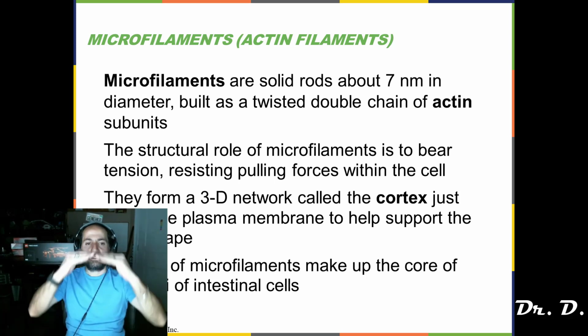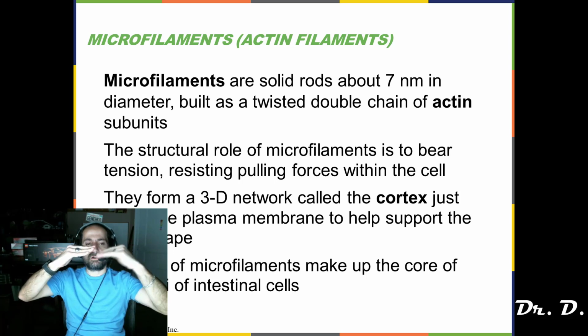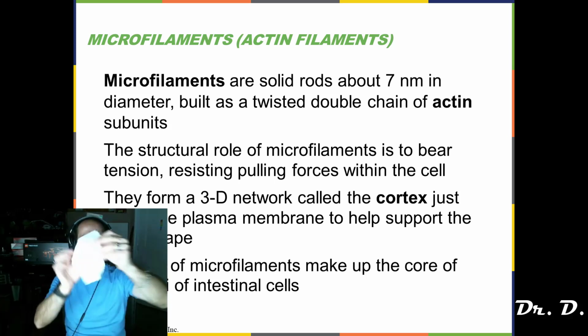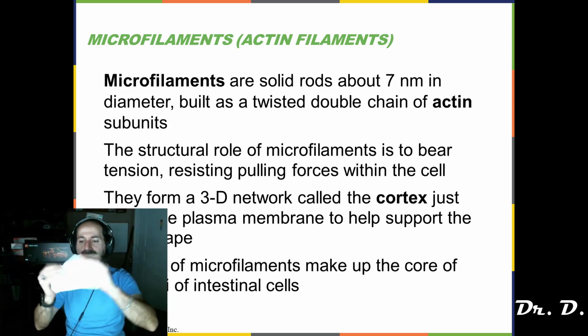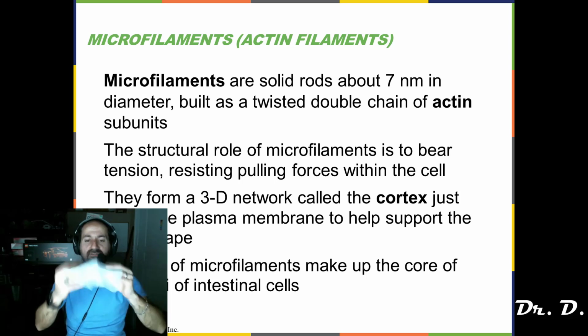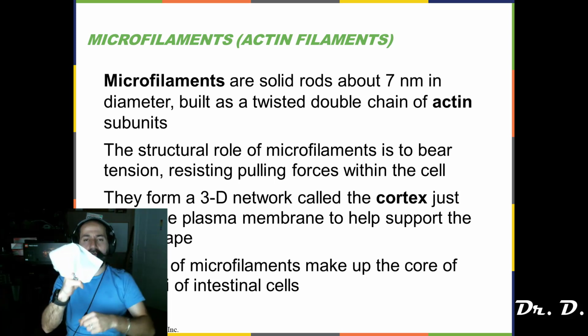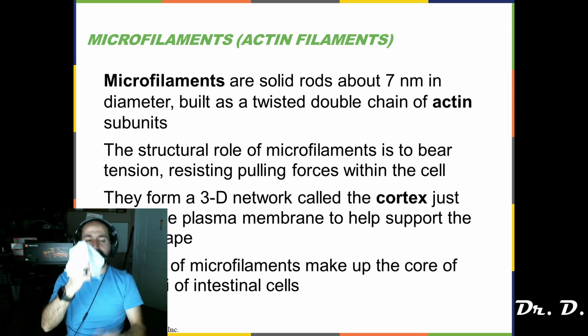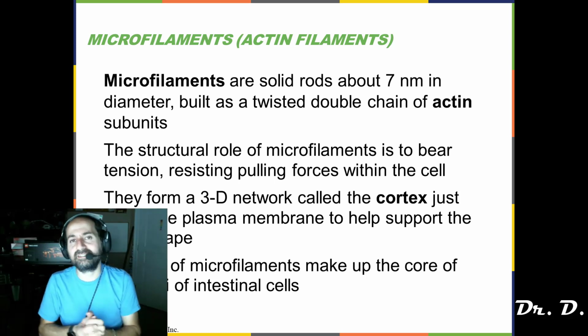Well, because if the plasma membrane is loose material like a tarp, well, whatever's right below the plasma membrane is going to give shape to the tarp, right? So like this, look, if this tissue is the plasma membrane, it doesn't have any shape to it, right? This tissue doesn't have any shape, but whatever is going on underneath the tissue is going to give shape to the tissue, kind of like a tent, right? Think about a tent.